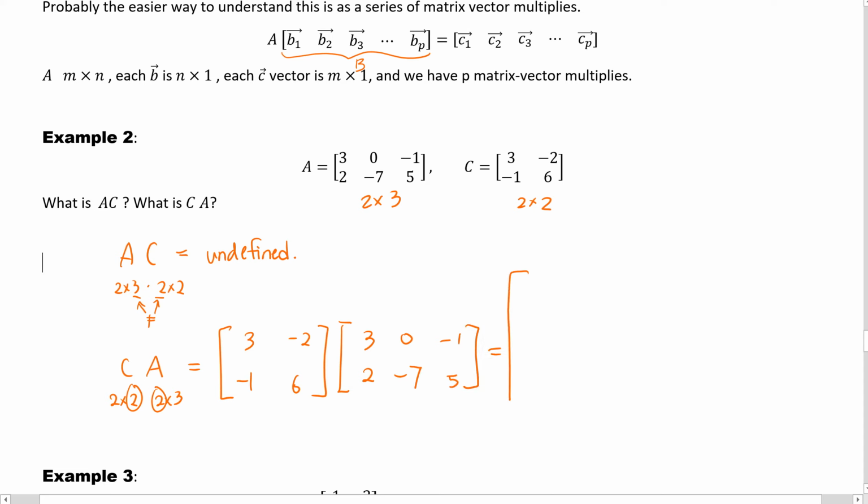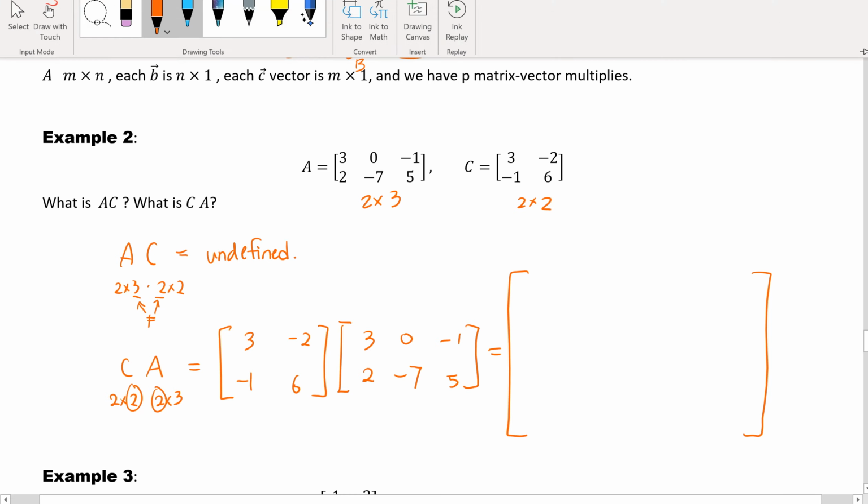Okay, so how do we calculate? First, we're gonna use the rows of C multiplied by the columns of A. Okay, let me change the color.